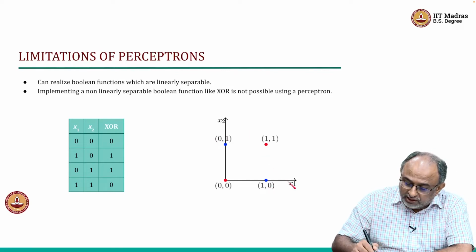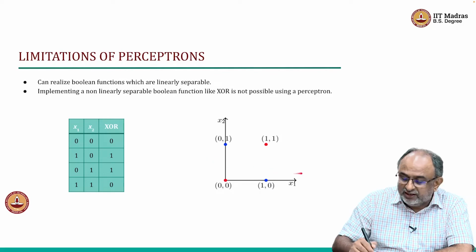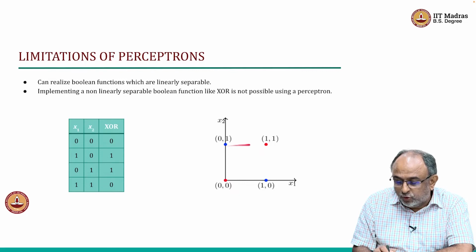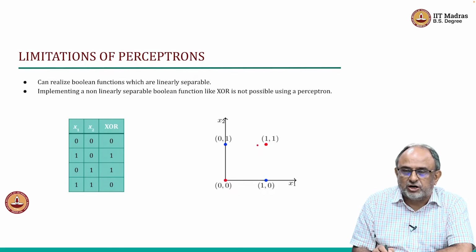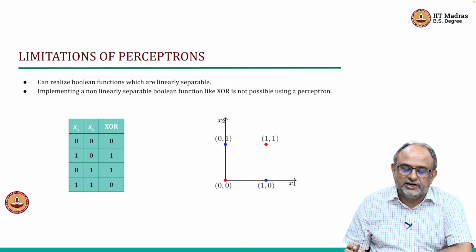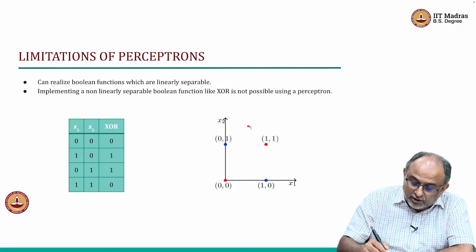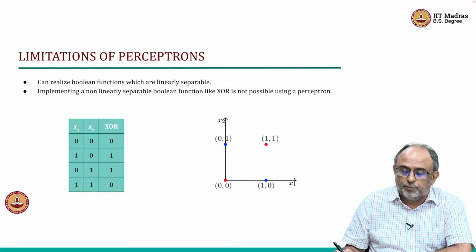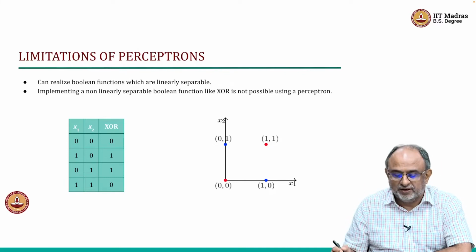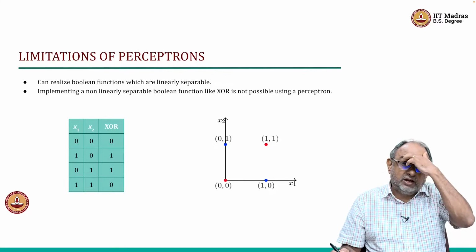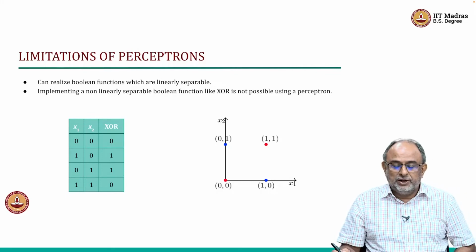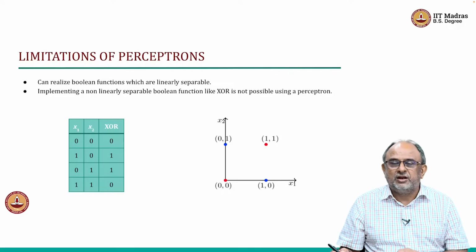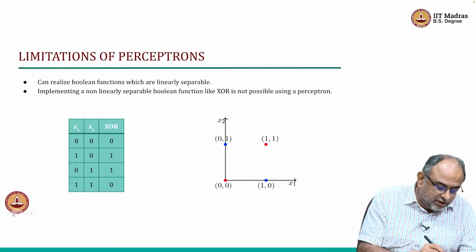Now there is no single line that can separate the two classes. If I put a line like this, there's blue and red belonging to one class. That cannot happen. You want to separate the blue from the red class. If I draw a line like this, any way that I draw, I cannot separate the blue from the red by a single line. And therefore he immediately pointed out, whatever perceptron idea that I use, and the perceptron idea is what?